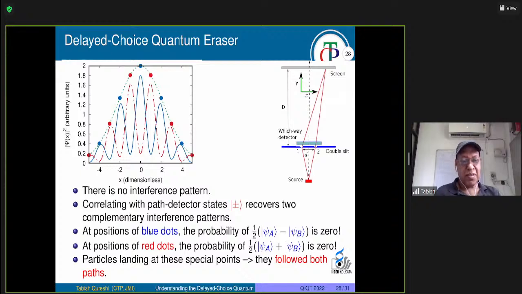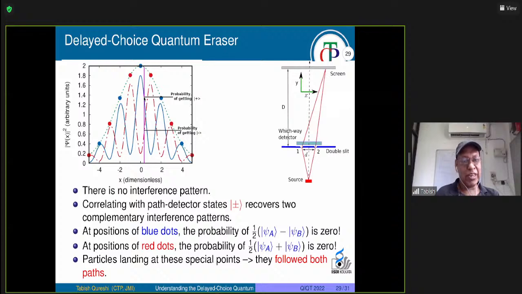Now you see that if I take the photon has landed at this point, where this line hits this blue curve, what does it represent?